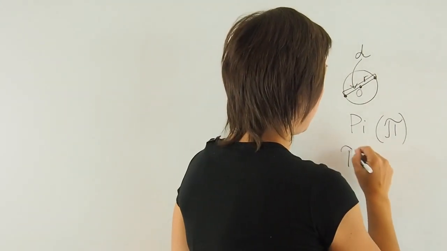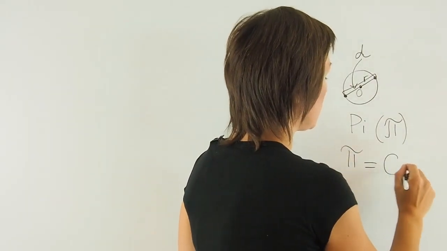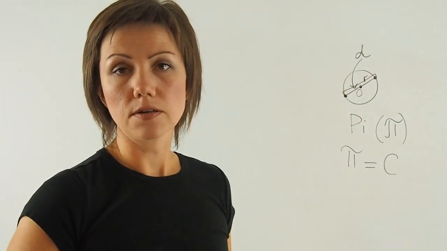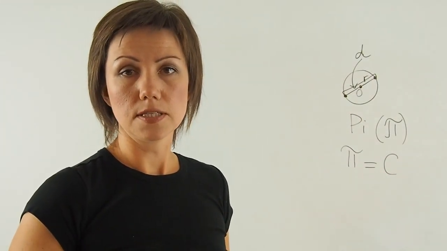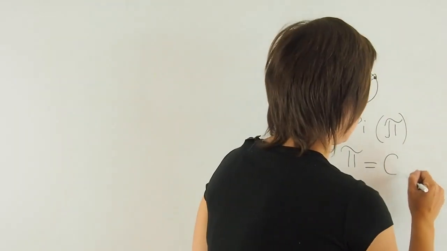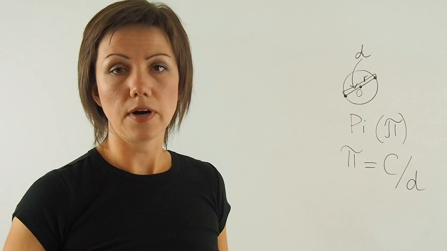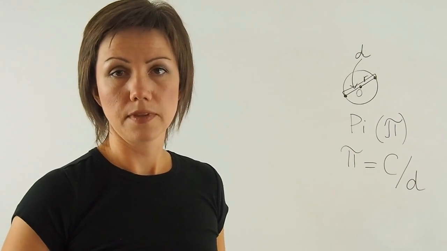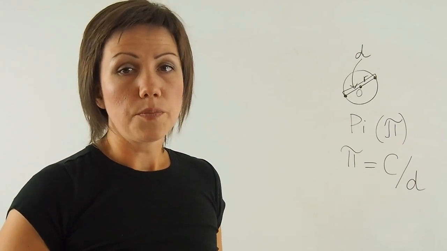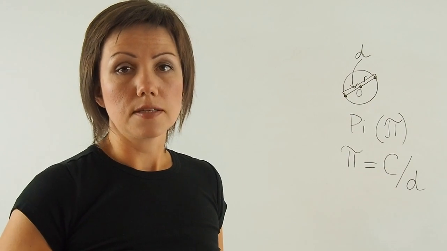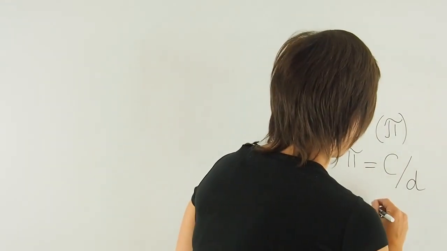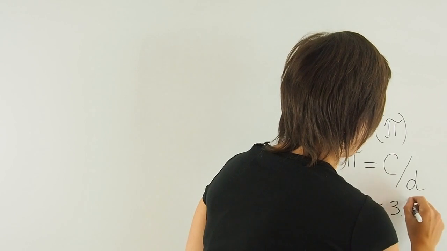So pi is equal to circumference, because circumference is the total distance around the circle, over diameter. Circumference divided by the diameter. This number always results in approximately 3.14.